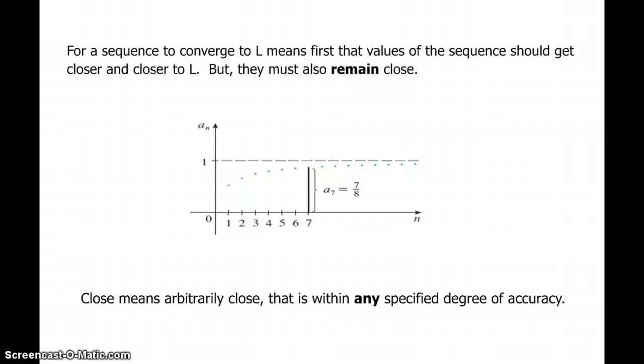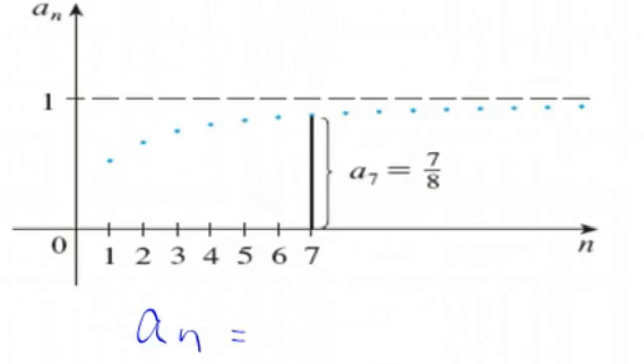So for instance here, we have A sub n. For n equal 1, there's A sub 1, there's A sub 2, A sub 3, and so forth.